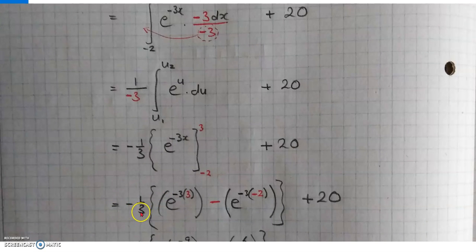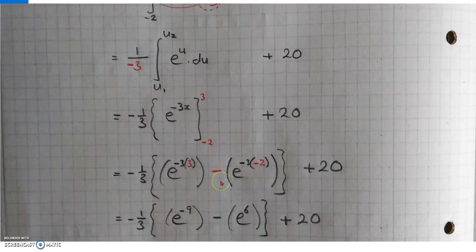There's this minus 1/3. And now I'm substituting in 3 for the x there, being very careful with brackets. Okay, the reason is when I substitute the minus 2 into there, I must use brackets because that minus 2 there is going to multiply this minus 3 to give positive 6. This is going to give me e to the minus 9. Okay, so when I do that, that's what happens.